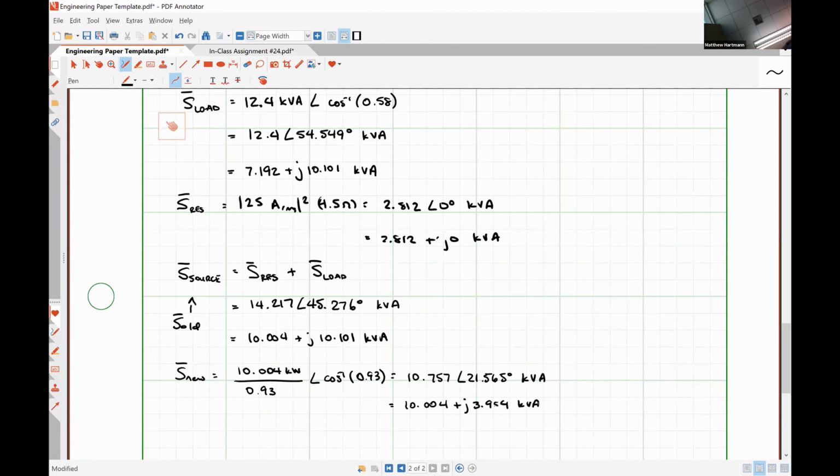So we know S old, and we know S new. So what pieces of information are we missing to be able to solve for C?